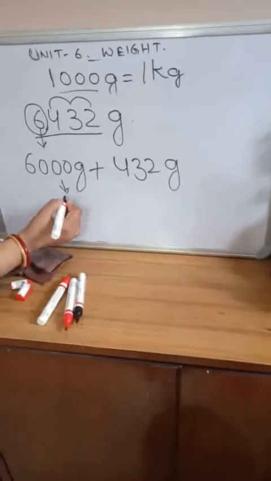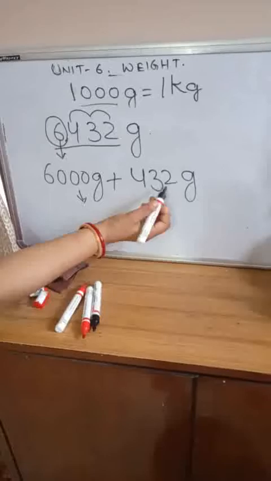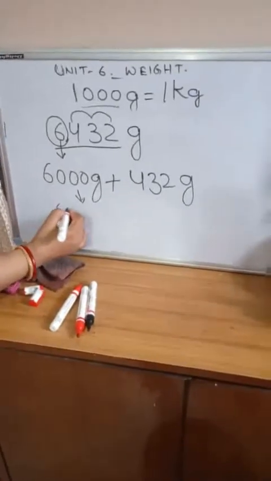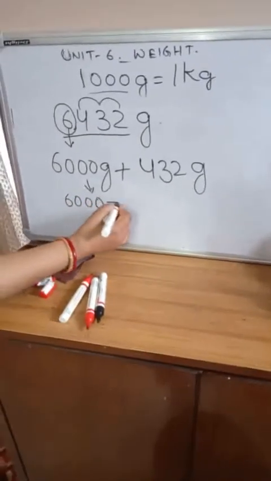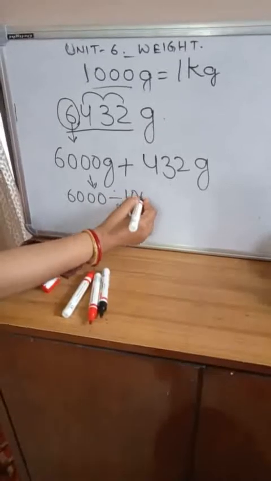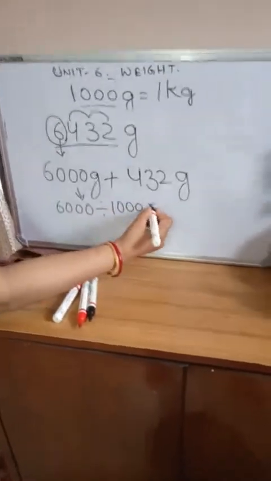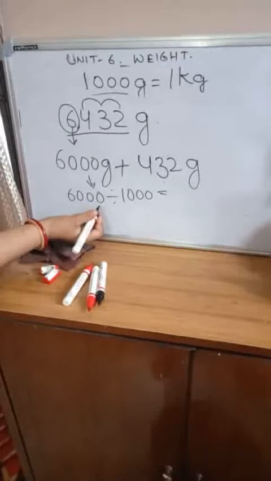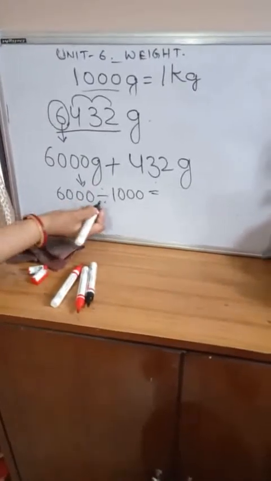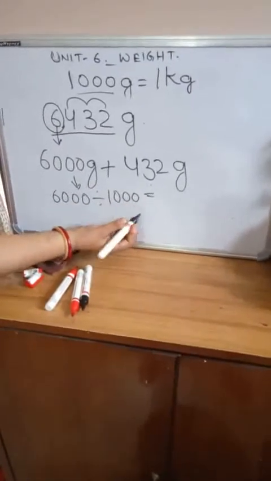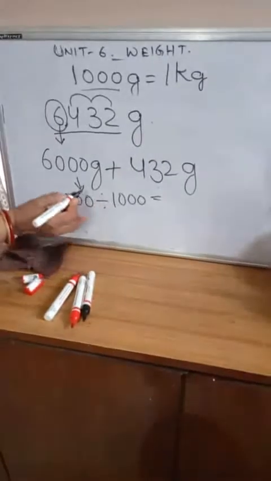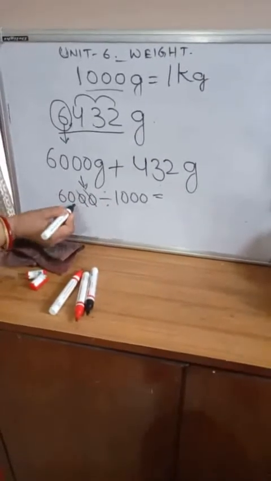Now 6000 gram can be easily converted into kilogram by dividing by 1000. So what will be the result? 6000 divided by 1000. 1000 has 3 zeros, 1, 2, 3. So I am also removing 3 zeros, 1, 2 and 3.